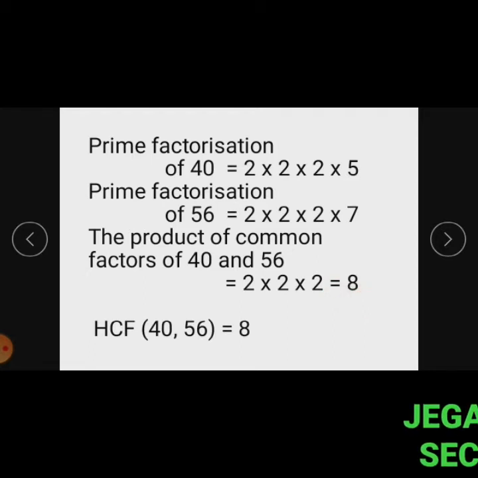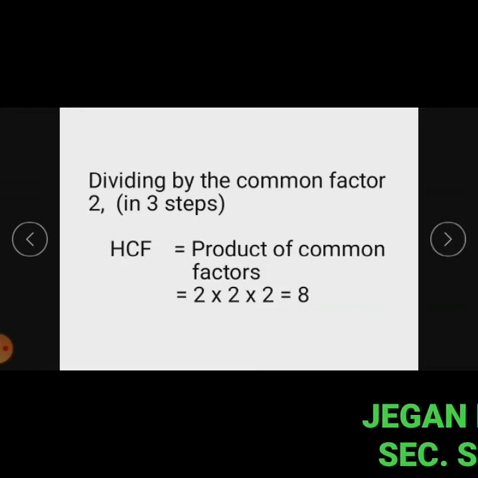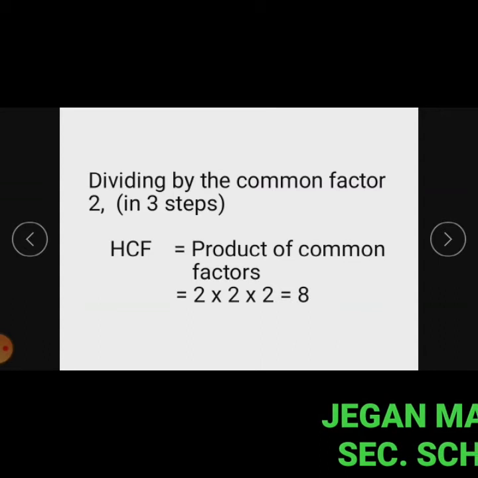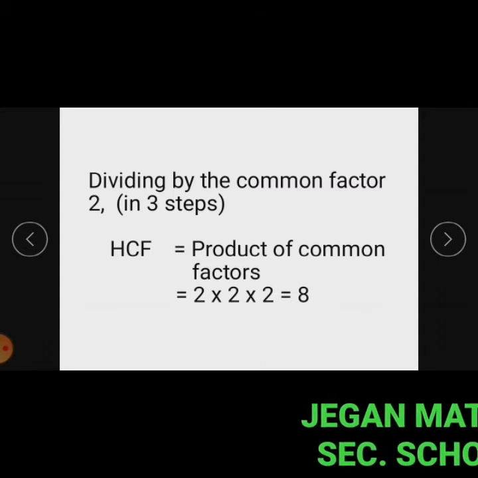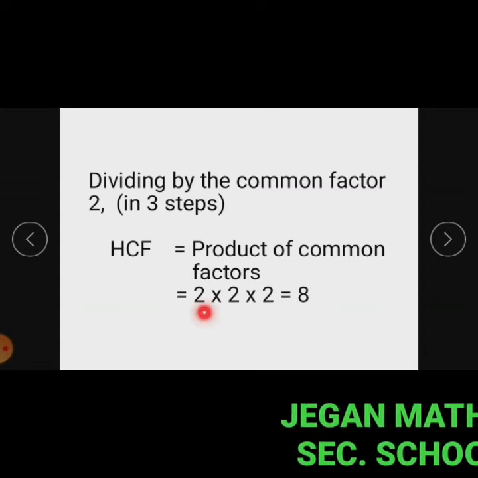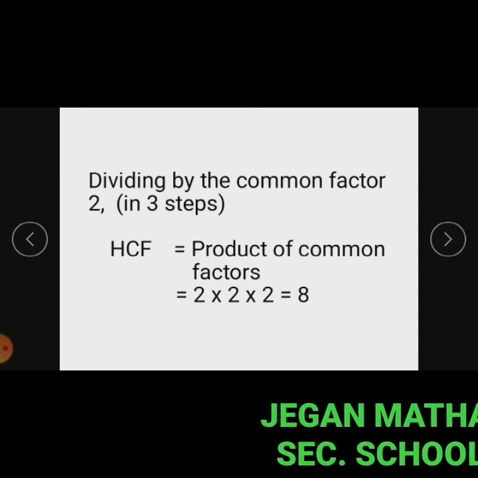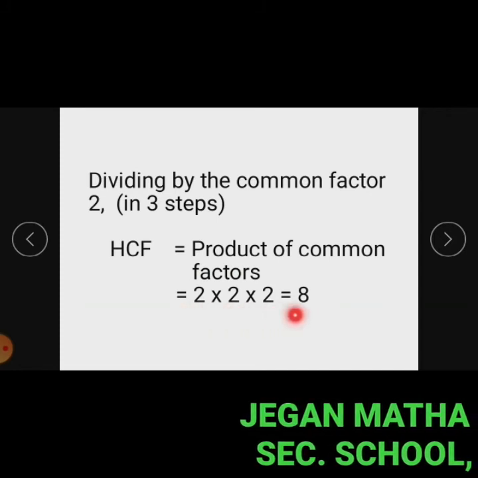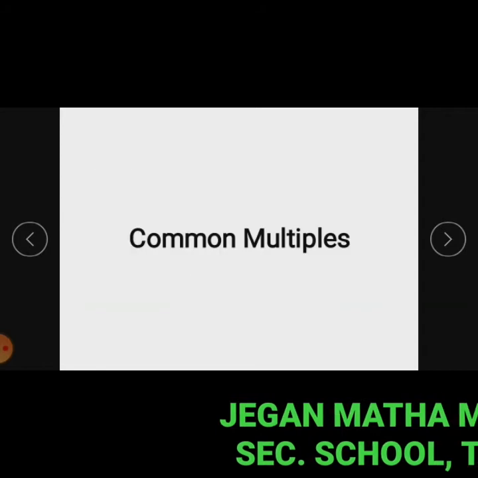So the highest common factor of 40 and 56 equals 8. So dividing by the common factor 2, HCF equals the product of common factors, 2 into 2 into 2 equals 8.